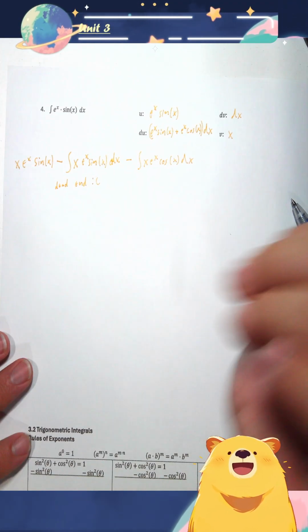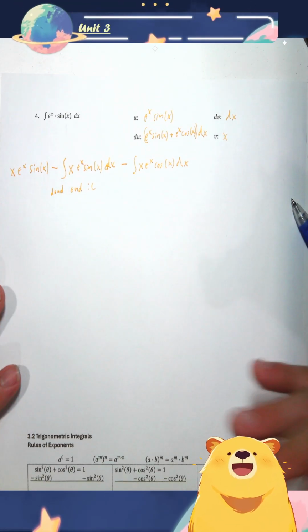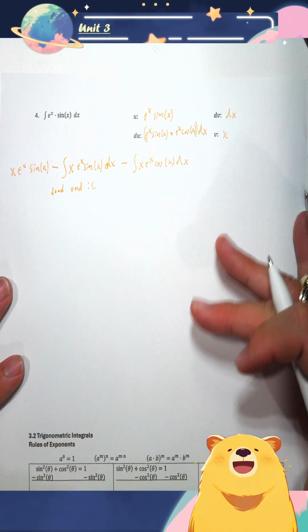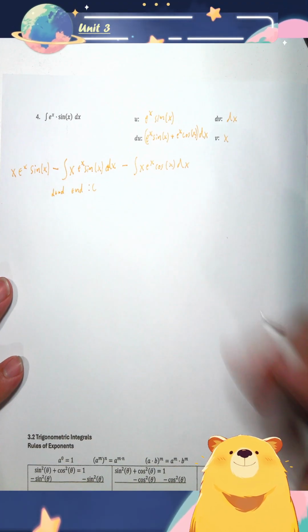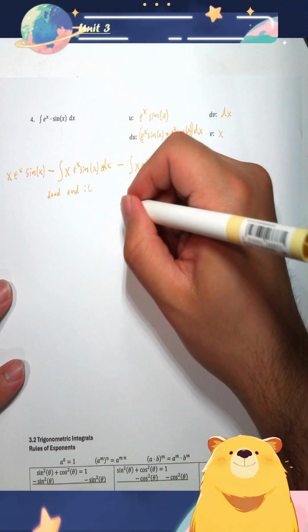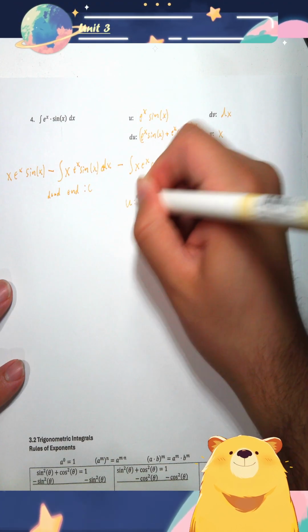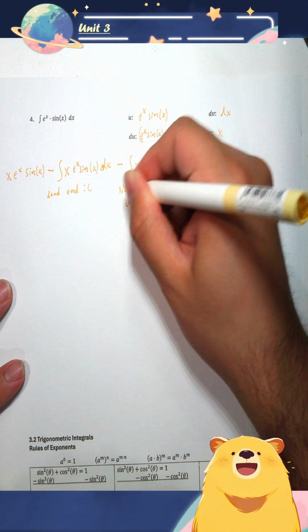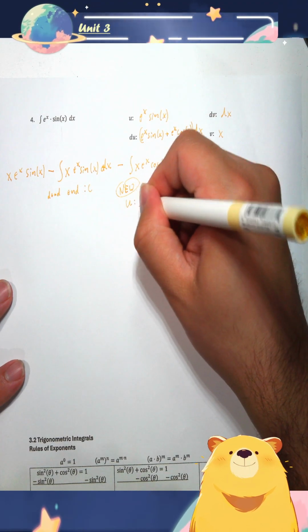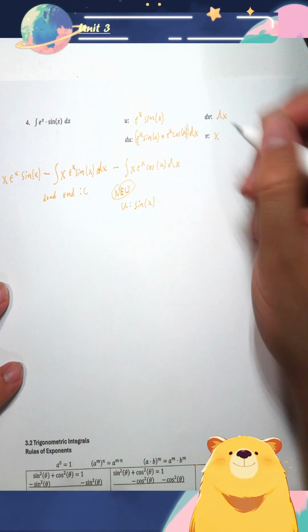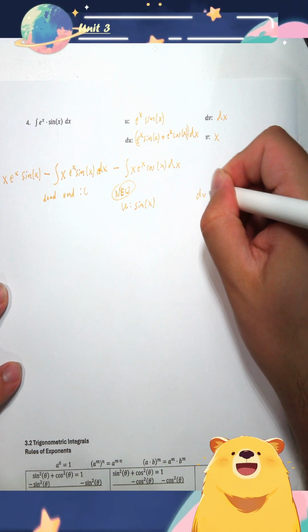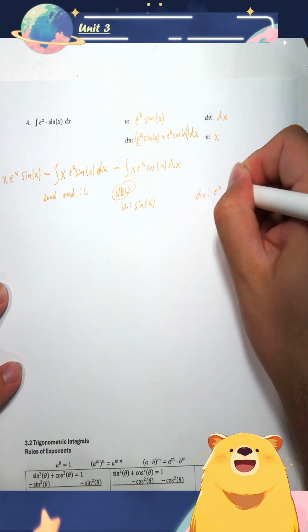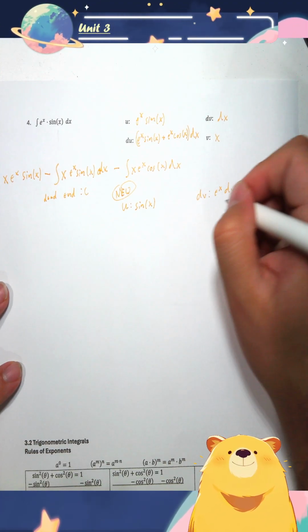We have just seen an example where the trig function within the integral repeats itself. So, what if instead I take u, this new u, to be sine of x, and dv to be e to the x dx.